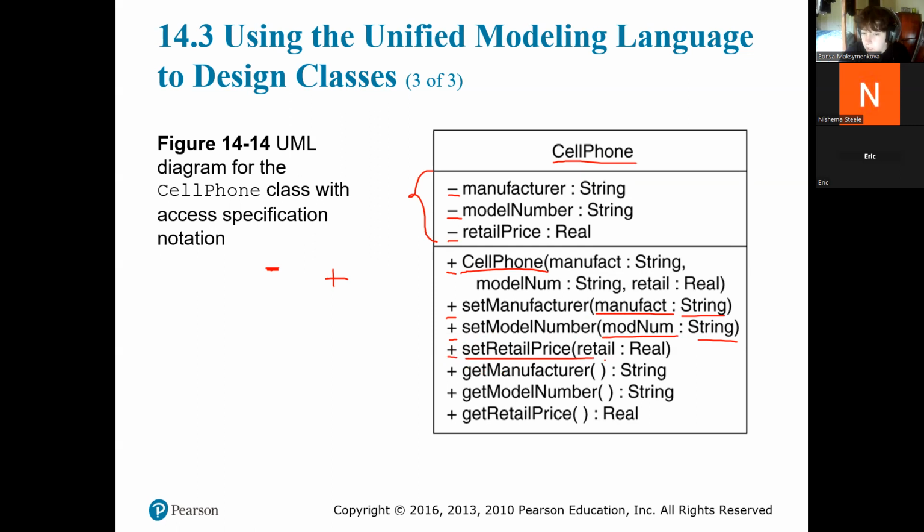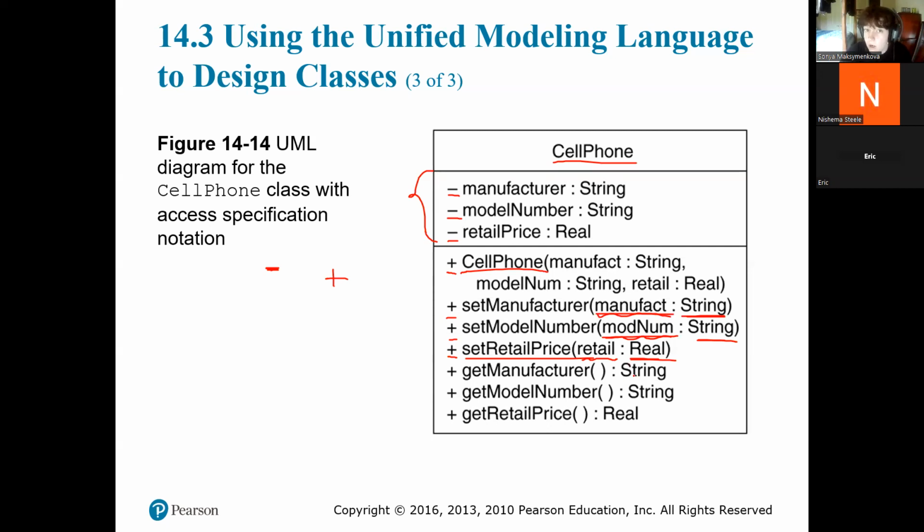Public set retail price sets retail to a real. Now with the getters, it's a little bit different because we don't have to specify what we're setting our values to. With getters, we don't set anything because we only get something.